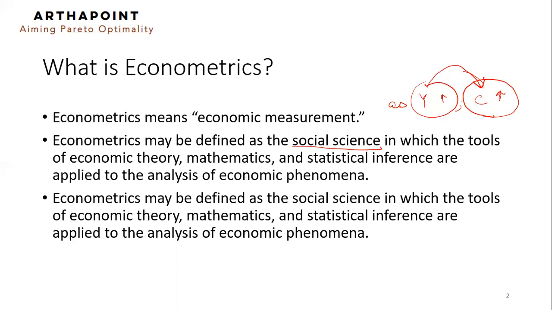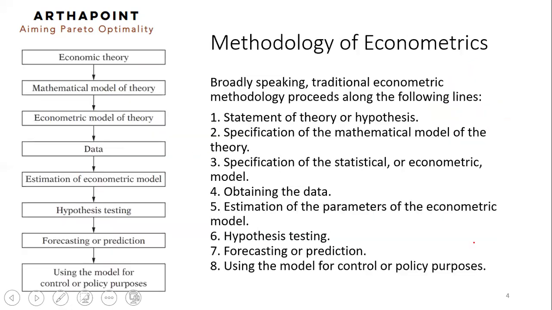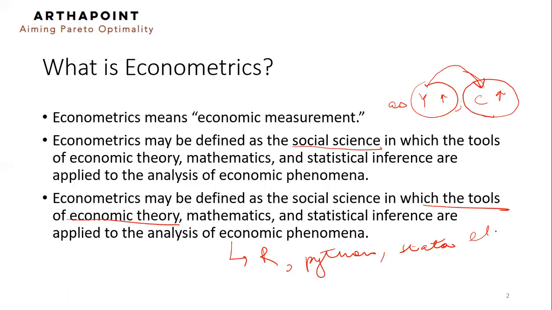Econometrics can also be defined as a social science in which the tools of economic theory, maths, and statistical inference are applied to the analysis of economic phenomena through tools like R, Python, Stata, etc. So we have these tools in place which will help us to quantify these economic theories.